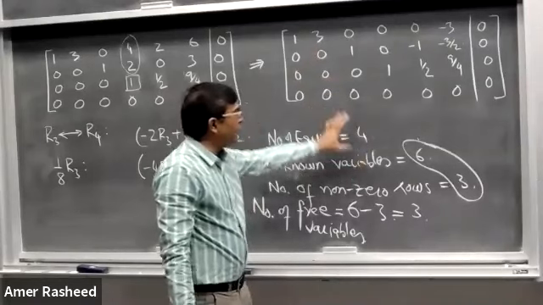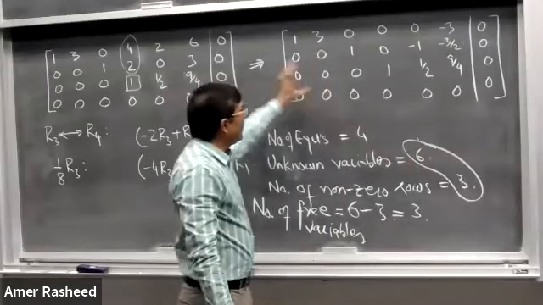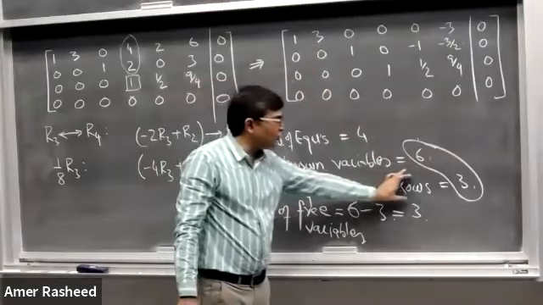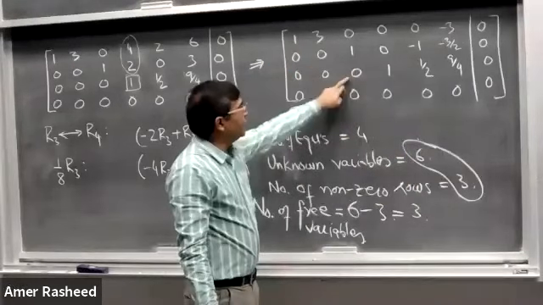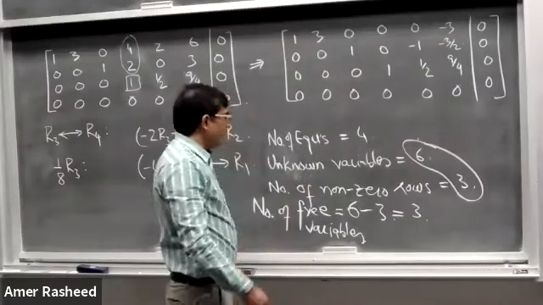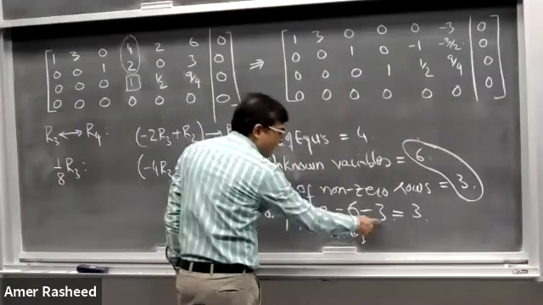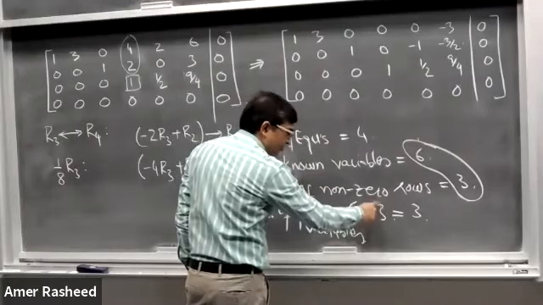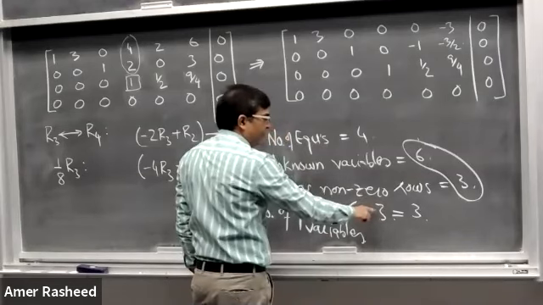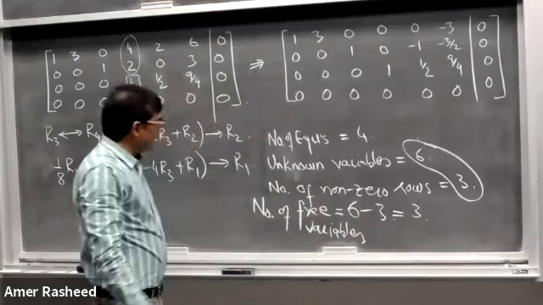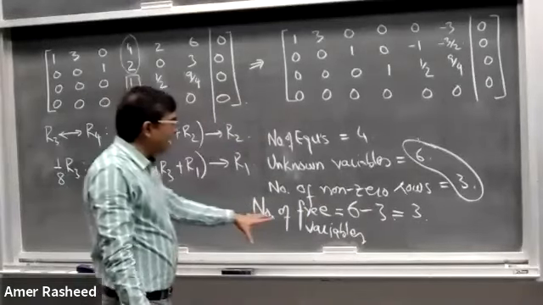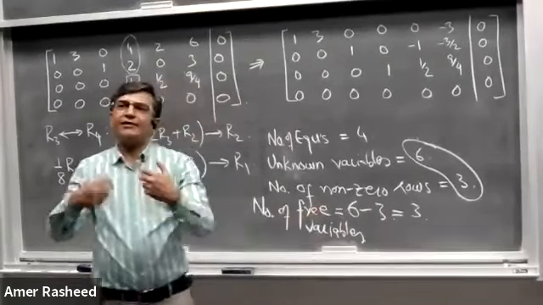Number of equations are 4, unknown variables are 6, and there are 3 non-zero rows in that reduced echelon form. Then number of unknowns minus number of non-zero rows in the reduced echelon form of a matrix, if you take its difference, then we can introduce that many free variables in order to get the solution.